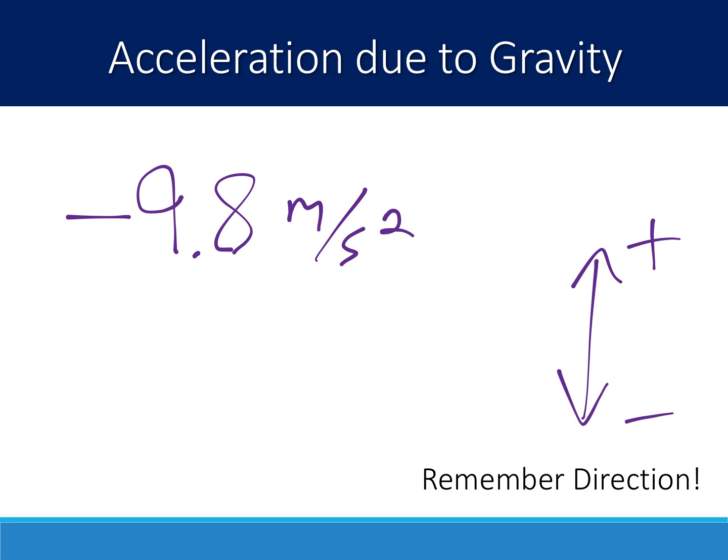We are going to, by convention, say that down is negative and up is positive. Therefore, this tells me that the acceleration is directed downward because it has a negative sign in front of it. So the direction of acceleration, and acceleration is a vector, it has both magnitude and direction. In this case, the direction is downward.